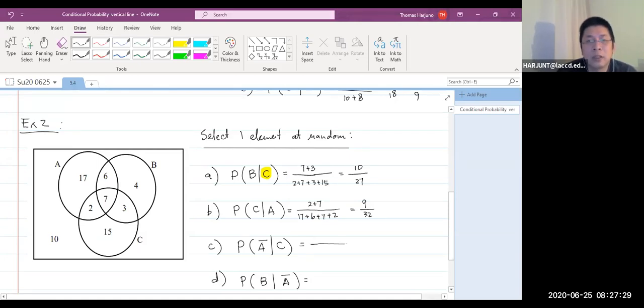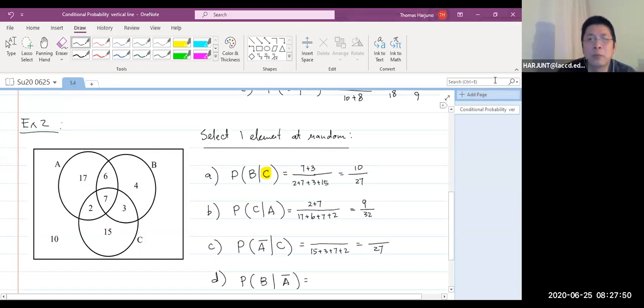And part C, probability of not A given C. So we start from how many elements in C? That's 27.